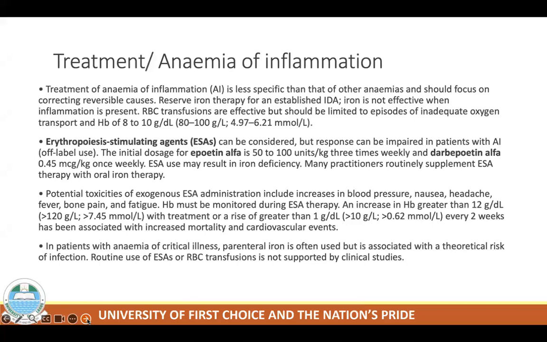So as the body is using them up during the anemia of inflammation, we are also not getting toxicity as well. So reserve iron therapy for an established IDA.